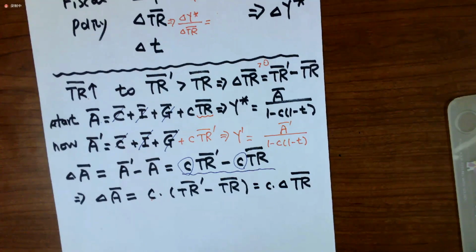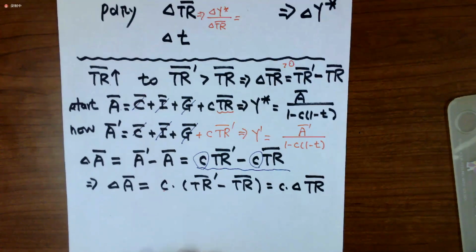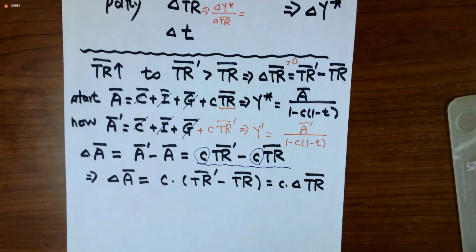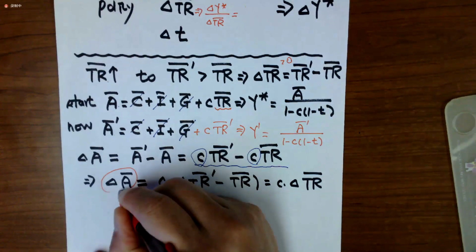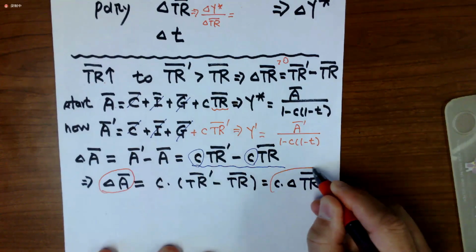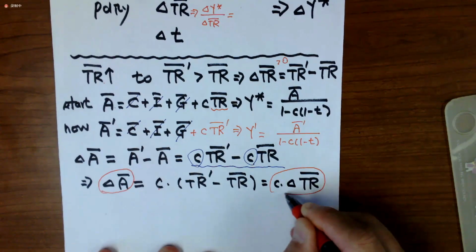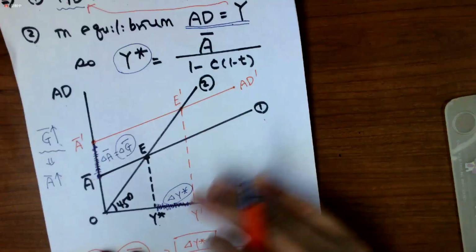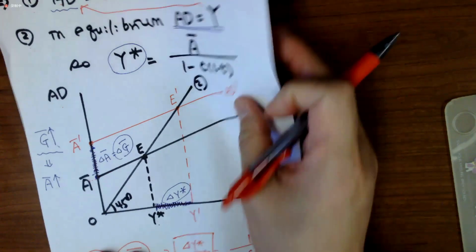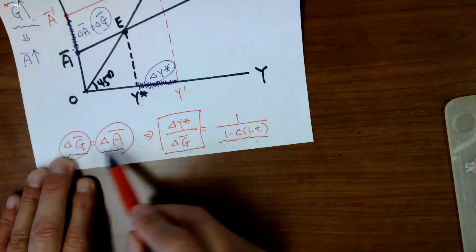Change in total autonomous spending is equal to little c times change in TR bar. Before, change in total autonomous spending was exactly equal to change in government spending.